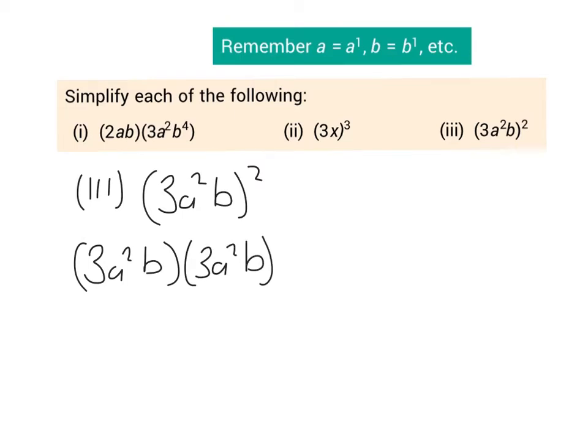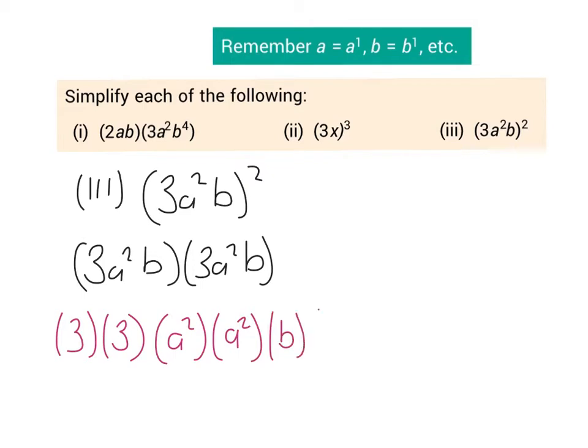And if we were to break that down even further, we would take our two constants and put them together, so 3 and 3, and we would leave a squared and a squared and b and b. And now we apply our rule of indices. So 3 by 3 will always give me 9. And if I have 2 and 2, I add them, so it's a to the power of 4. And I have b to the power of 1 and to the power of 1, so it's b to the power of 2.